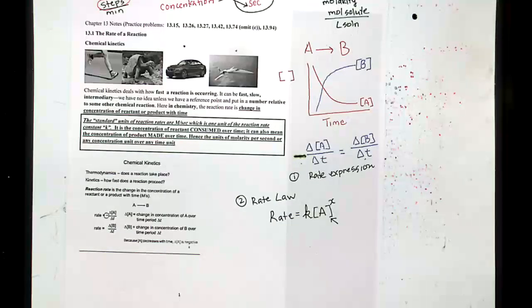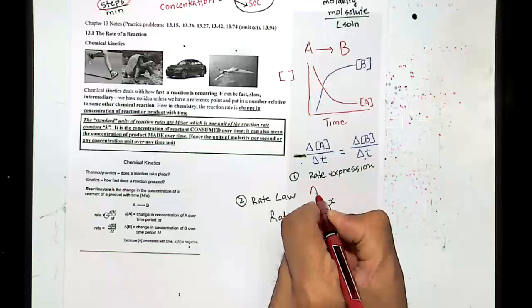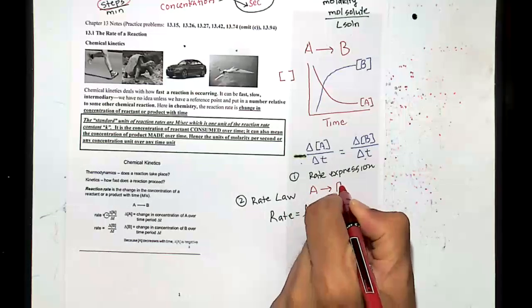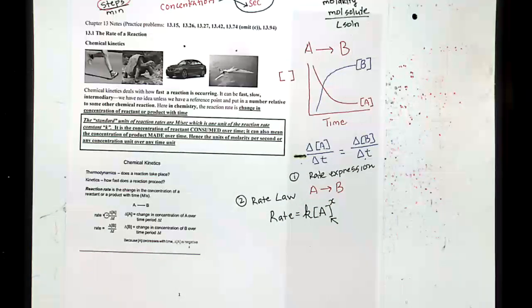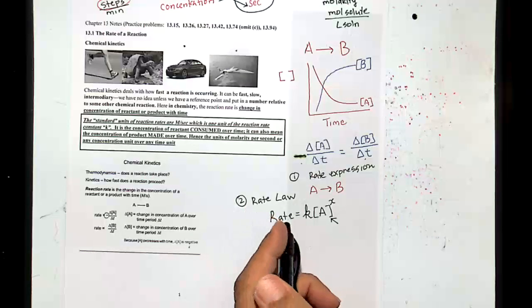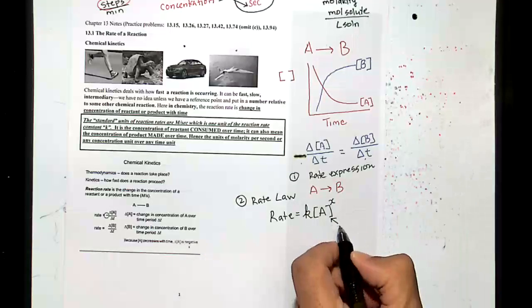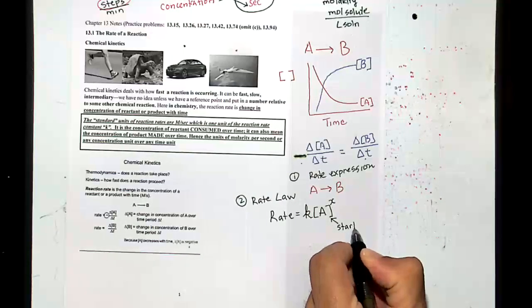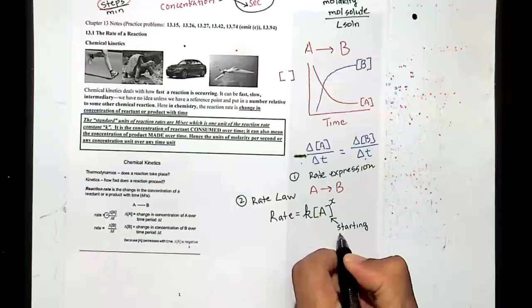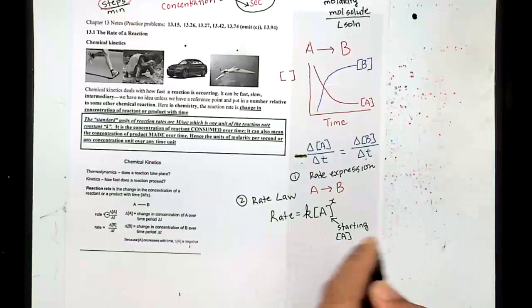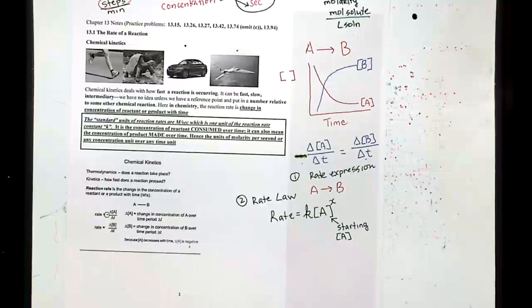This is for the equation A goes to B. For the equation A goes to B, the rate law is the rate equals k times the starting concentration of A, your reactant. How much you start with determines how fast the reaction is going to go.